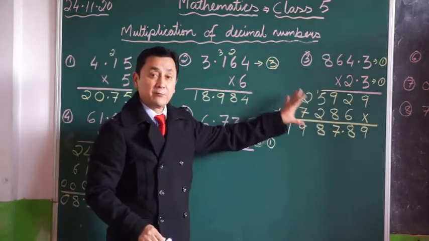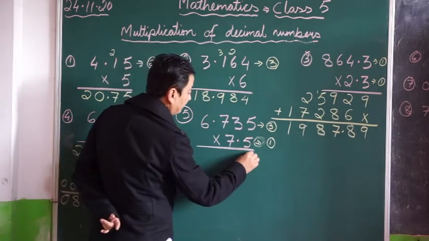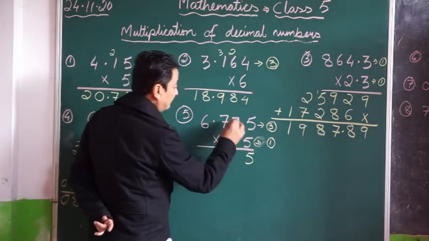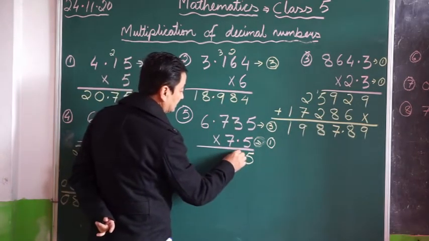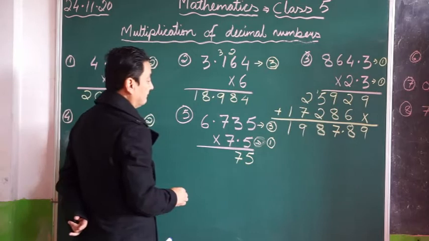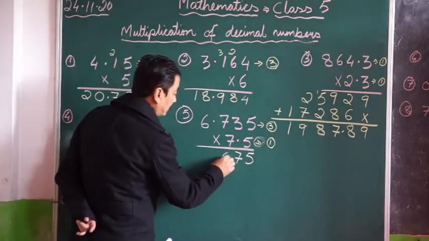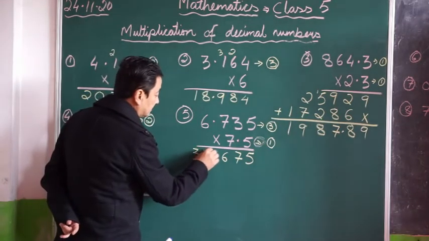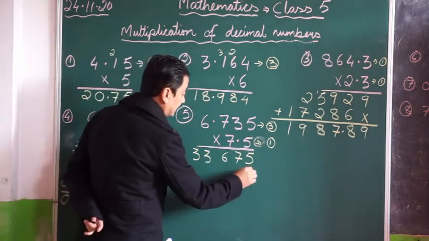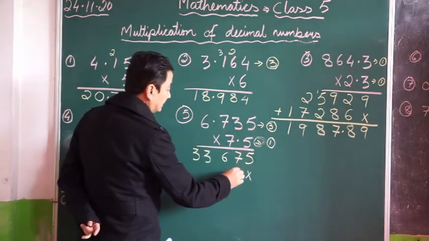Put the decimal point only when you get your answer. 5 5 is 25. 5 2 is 10 plus 2, 12. 5 7 is 35 plus 1, 36. 5 6 is 30 plus 3, 33. Second number, put a cross. 7 5 is 35.